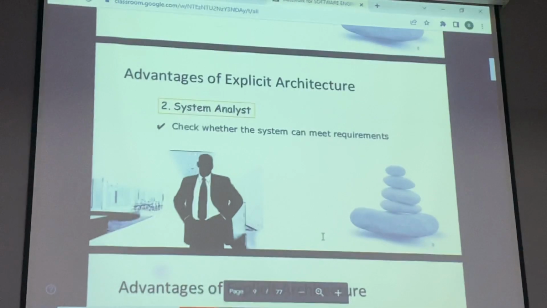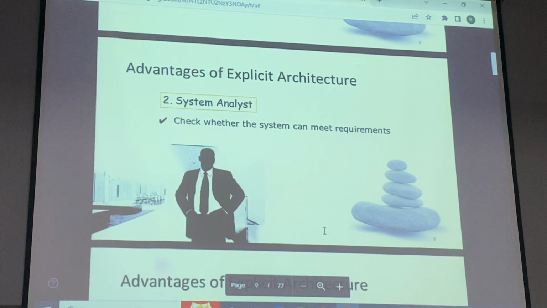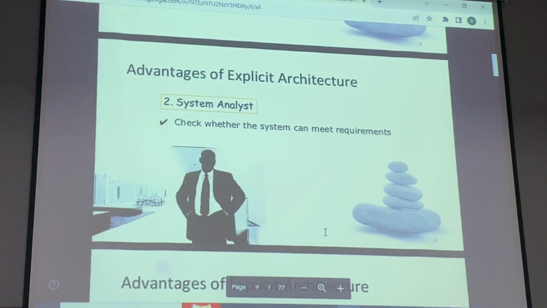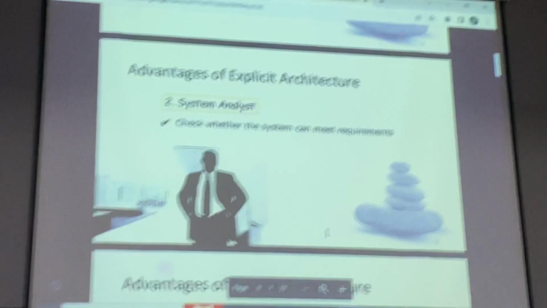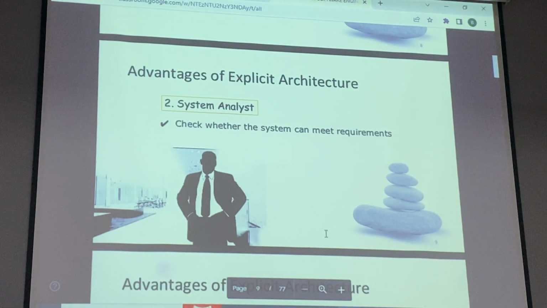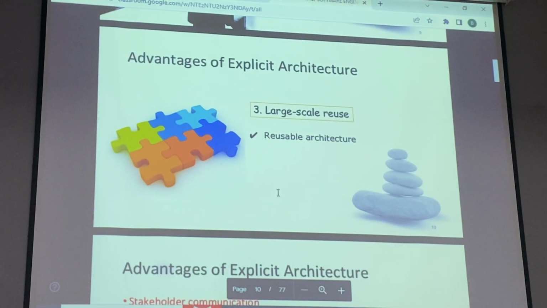It's not only one user, we have many users of the system, right? So they can sit and brainstorm together, and then they can gather the requirements. And the next benefit here is to the system analyst itself. They can check. Other than that, large scale reuse.